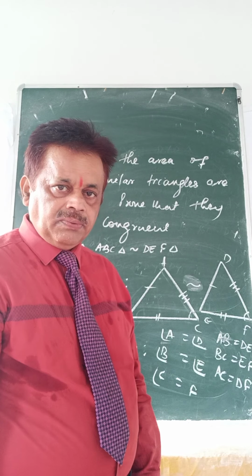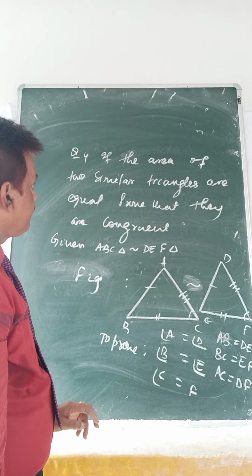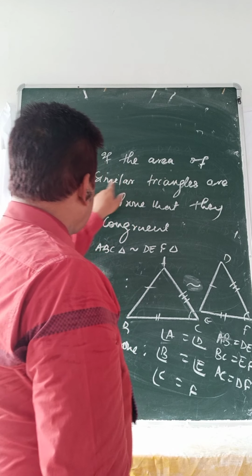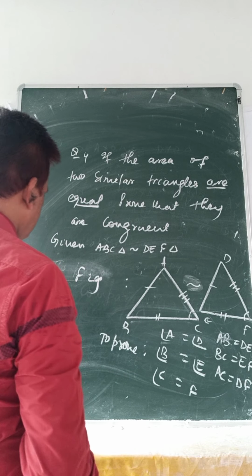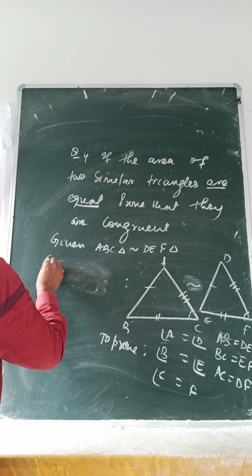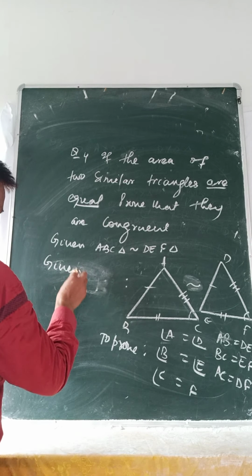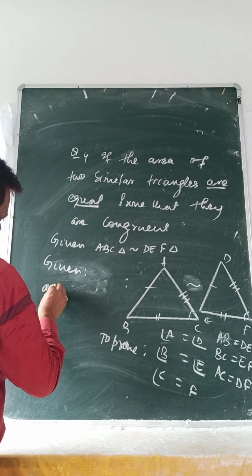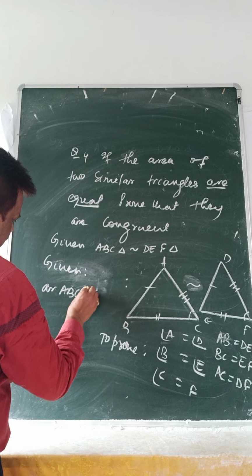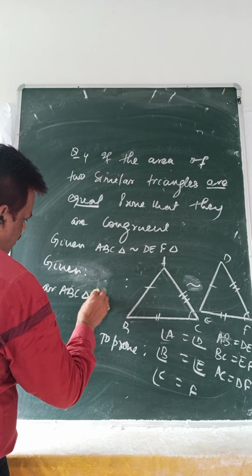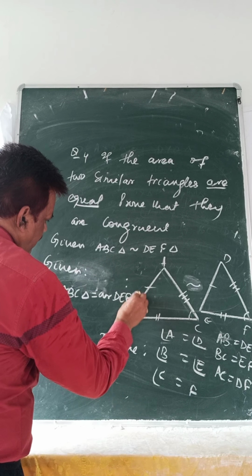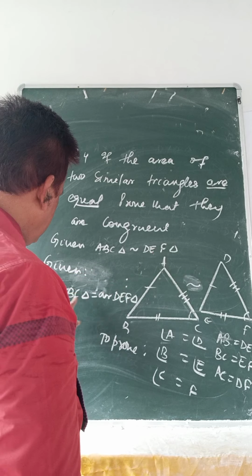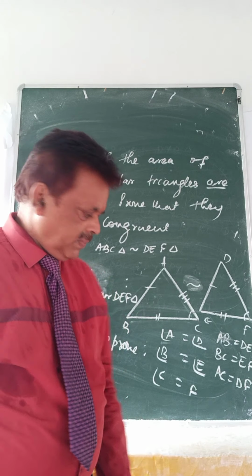This is what you have to prove. Okay, now look how you are getting. If the areas of two similar triangles are equal, also you can write here, given: area of ABC equals area of DEF. Similar is given, area is also equal, given.